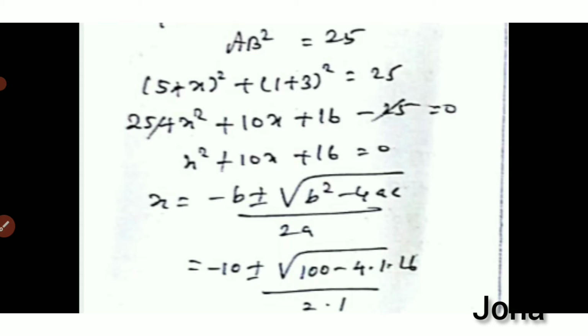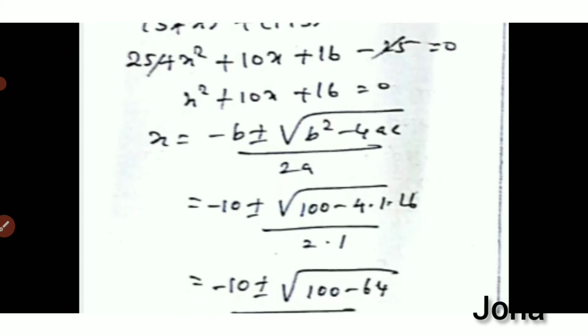Now we can cancel this 25 and 25, so that we have x square plus 10x plus 16 equal to 0. Here also we want to find the value of x.